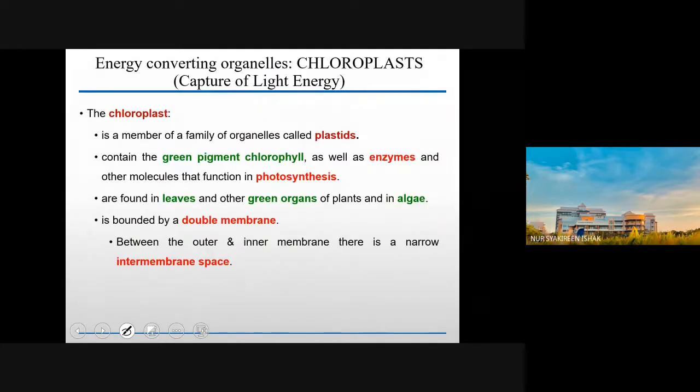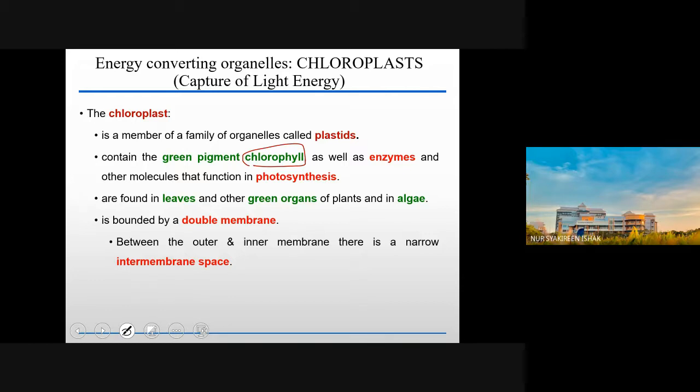Okay, so the next organelle is the chloroplast. The chloroplast is a member of a family of organelles called plastids. It contains green pigment called chlorophyll. Chlorophyll is embedded in the membrane of thylakoids, which are found in the chloroplasts.